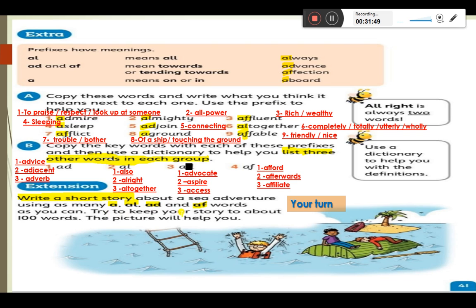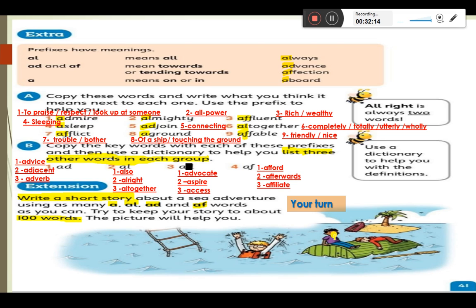Try to keep your story to about 100 words. So we need a short story with words that have these prefixes, and that is about 100 words. The picture will help you, and here is the picture to help you talk about a sea adventure.